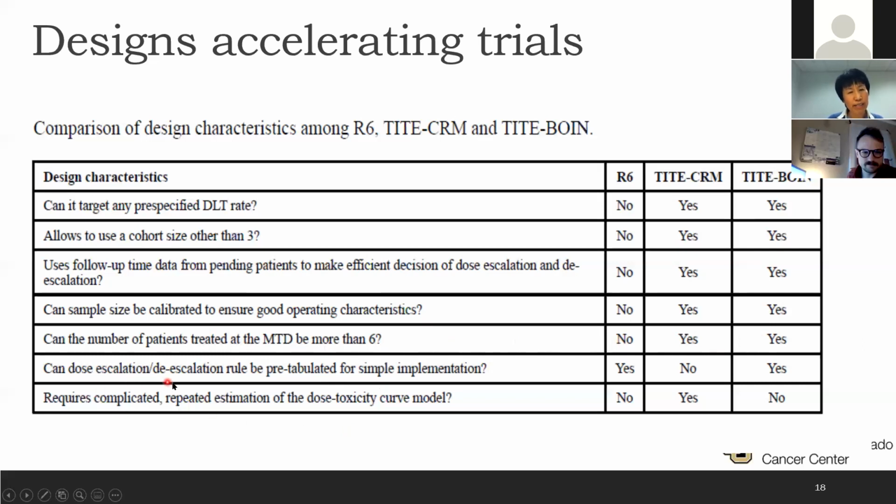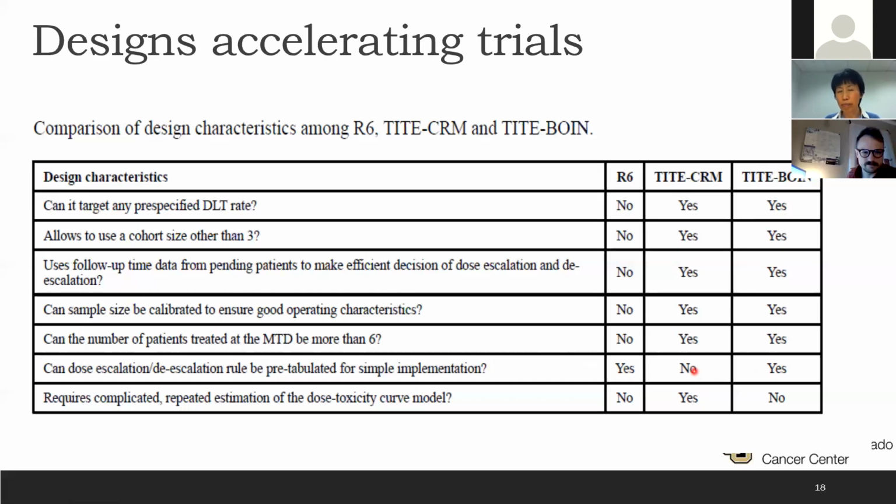Can the dose escalation and de-escalation rule be pre-tabulated for simple implementation? That is true for rolling 6, because the advantage of rolling 6 is that it's simple to implement, and we can pre-tabulate the decision rule. That is also true for the time-to-event BOIN design. However, it's not true for the time-to-event CRM.